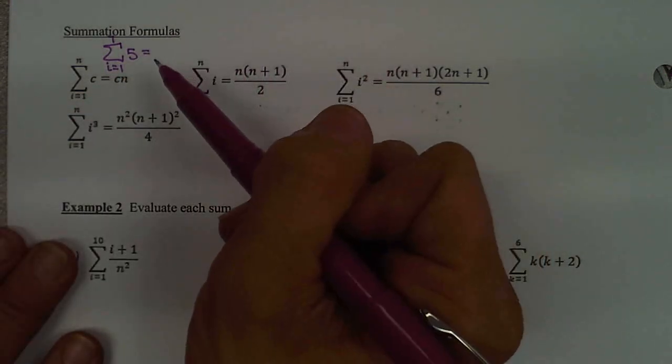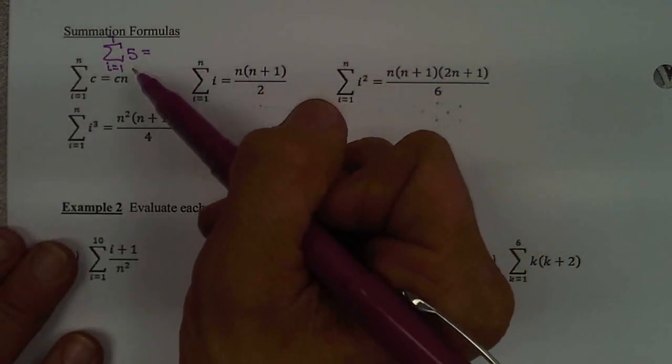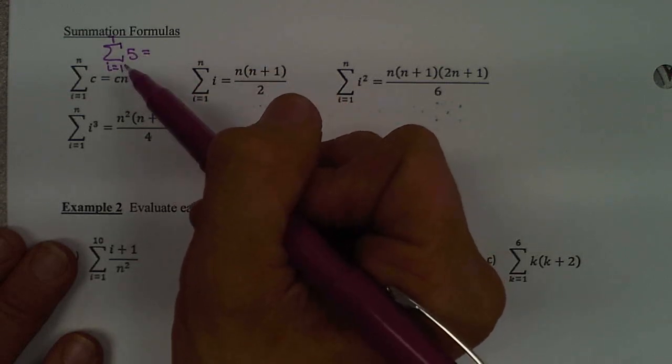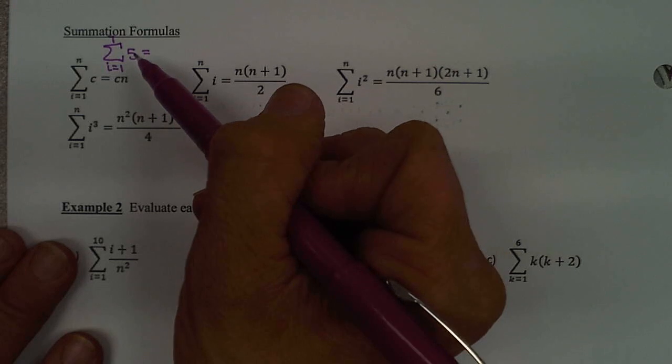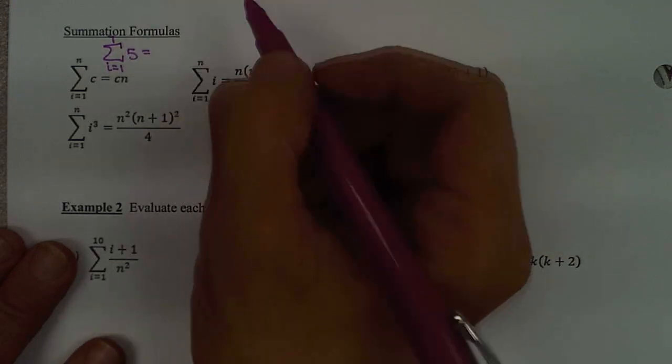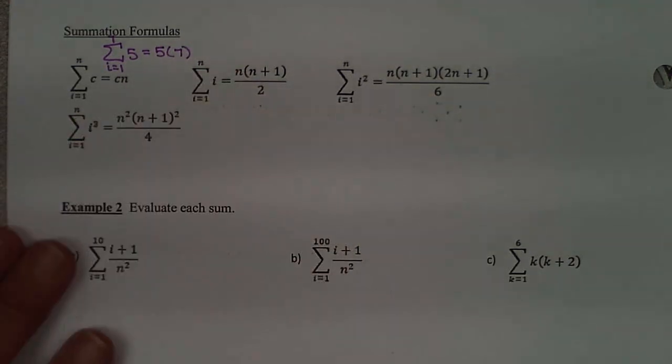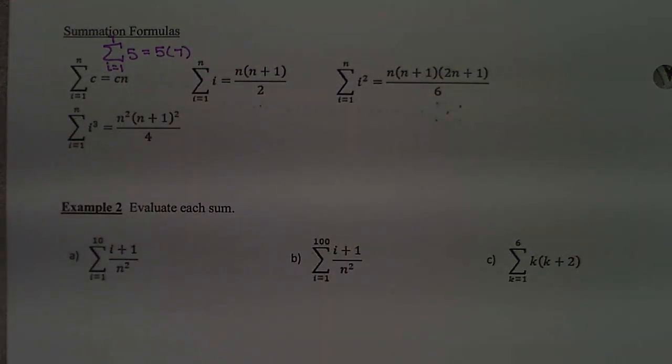Because there's no i's to plug numbers into, the first term would be a 5, the second term would be a 5, the third one would be a 5, all the way up to 7. So we would just take 5 times 7, and that's how you would utilize that formula.